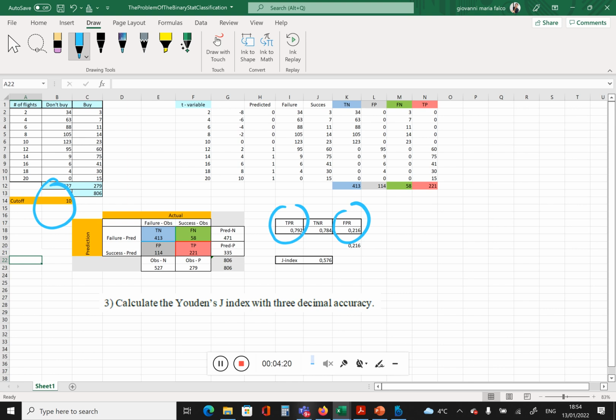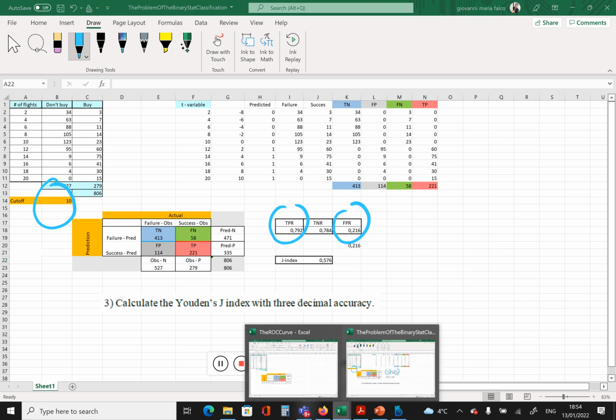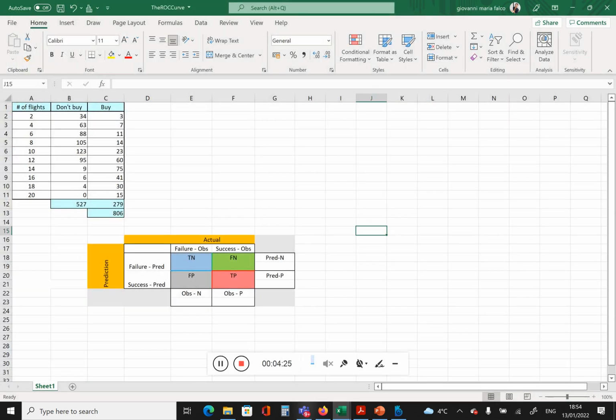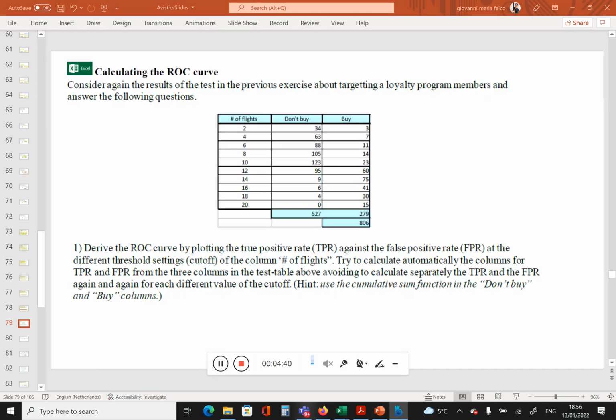For that, let's open again this file with the data of the sample investigation, about 186 clients, and proceed in this way. This is also suggested in the text of the exercise, where it is written: try to calculate automatically the columns for true positive rate and false positive rate from the three columns in the table above.